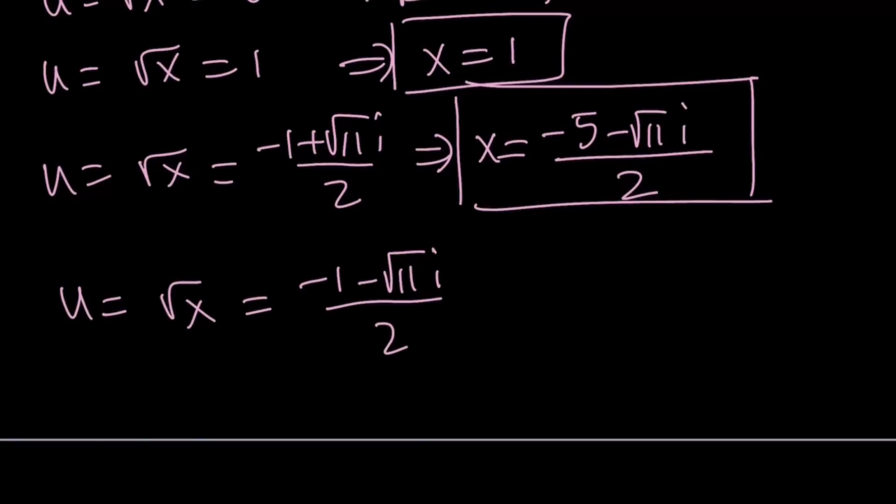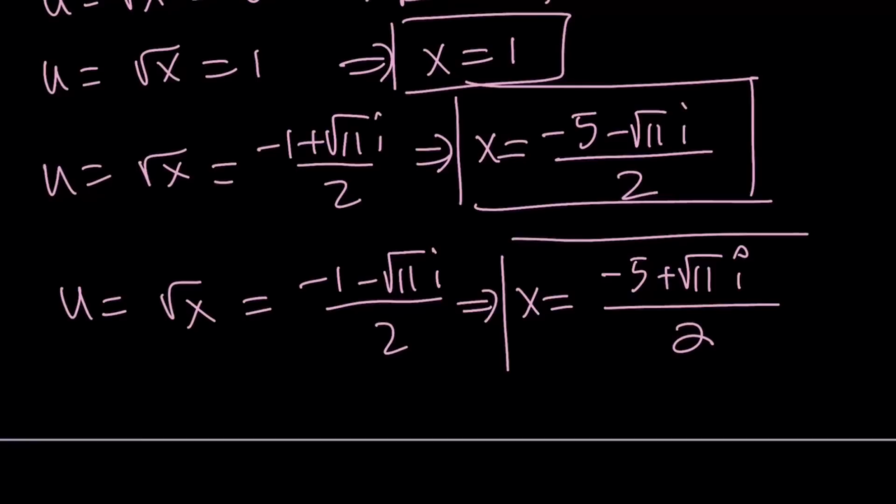And if you square both sides, you get negative 5 plus square root of 11i over 2. Obviously, if you square the conjugate of a complex number, you get the conjugate of the square of the original number. Okay, so squaring, or any power, basically preserves the conjugacy, if that's a word that I can use. Okay, great. So we got 4 solutions so far, and that's pretty much it.